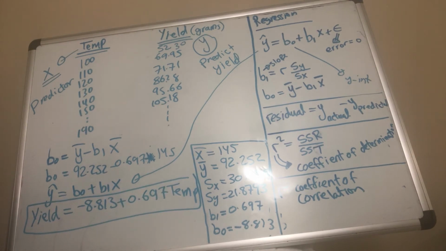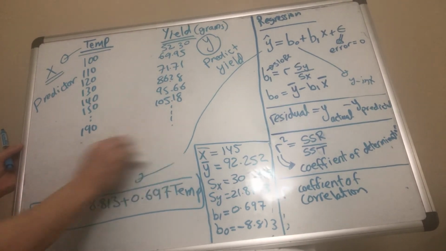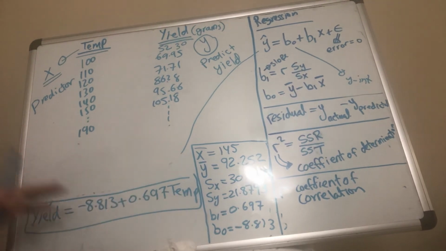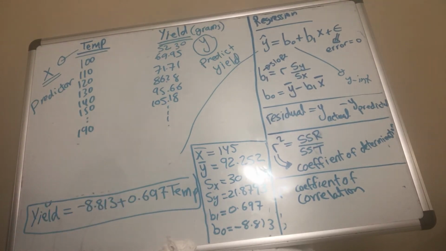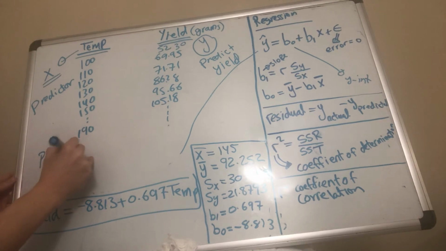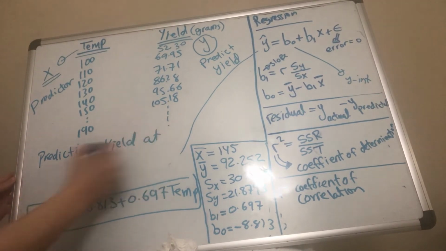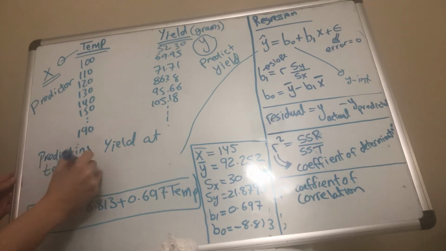Now the next question is, can you predict? Predict means use the equation. Can we use this equation to predict what the yield is when the temperature is 150? So we're predicting yield at temperature 150.